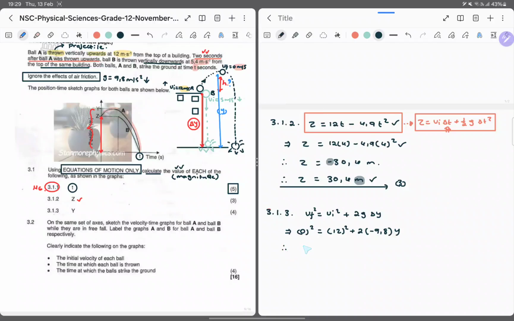We can say, therefore, okay, this y is a capital letter Y, so we need to be very careful on how we write it. This is going to be 0 squared minus 12 squared, all divided by 2 into minus 9,8.